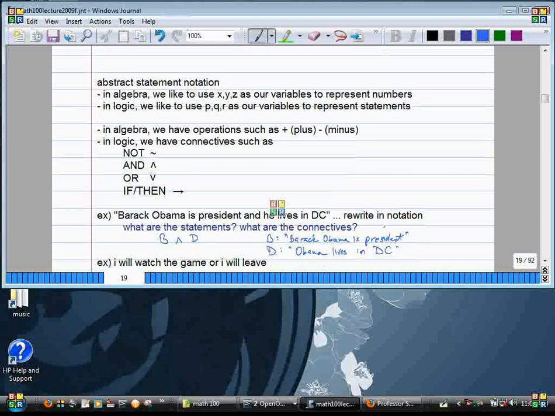I will watch the game or I will leave. So how can we write this in notation?